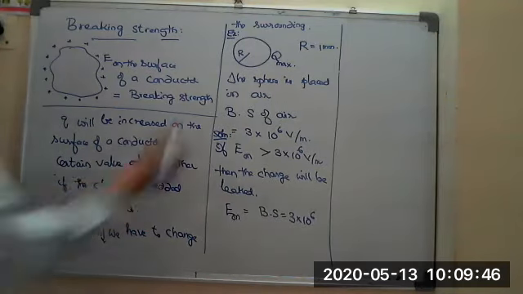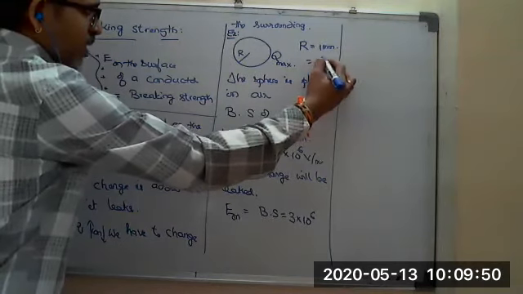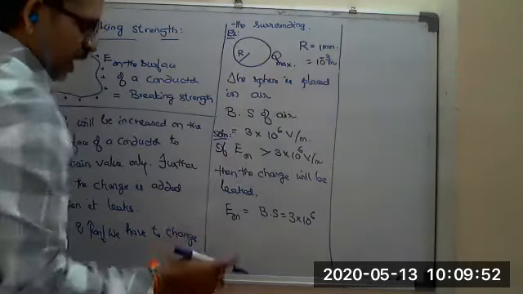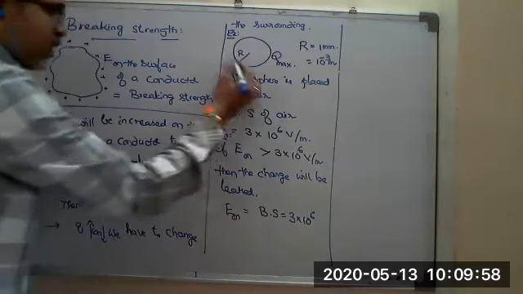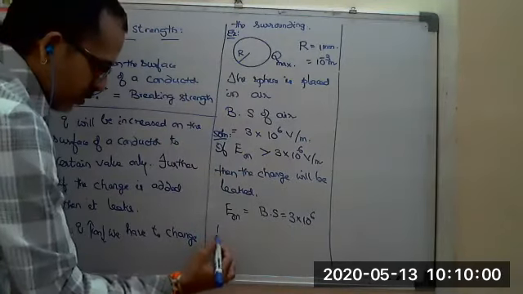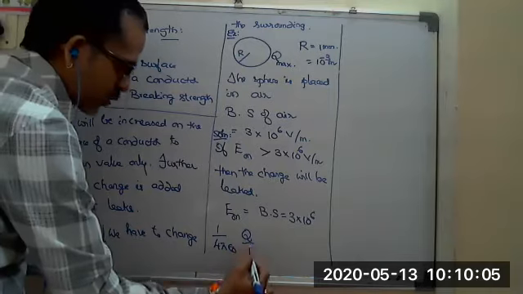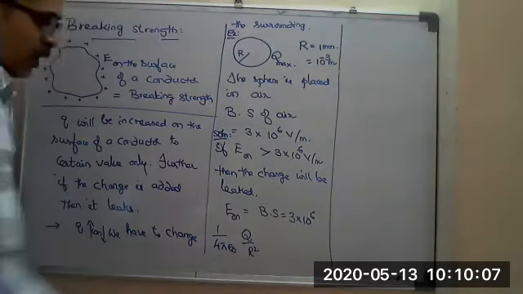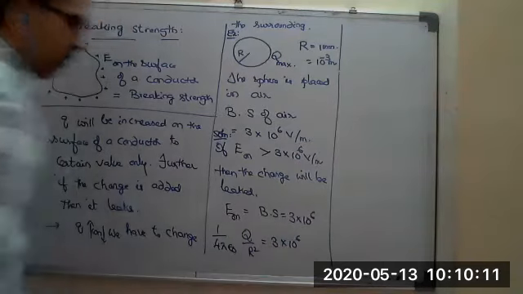The radius is 1 millimeter, which means 10 power minus 3 meter. We know the field intensity on the surface of a sphere; the formula is 1 by 4 pi epsilon naught q by r square, which is equal to the breaking strength, 3 into 10 power 6.